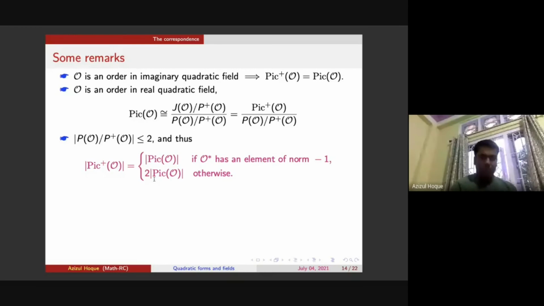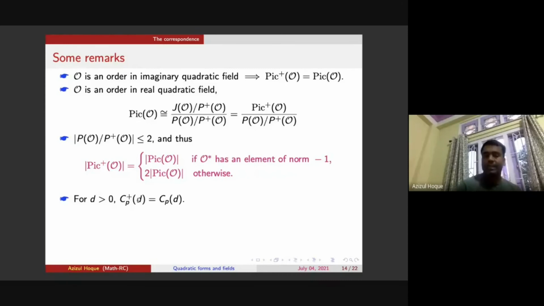Okay, so in case of this D is positive, in that case we have this one, because in case of binary quadratic forms with positive discriminant, that means we have this indefinite structure, indefinite binary quadratic form.